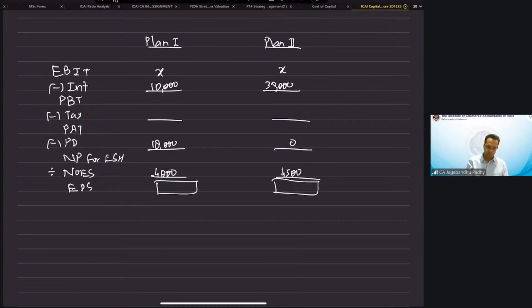You can consider it to be 30%. Just try to form the equation and get the value of EPS, guys.